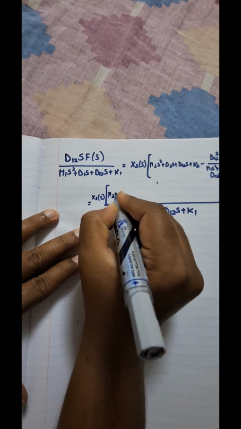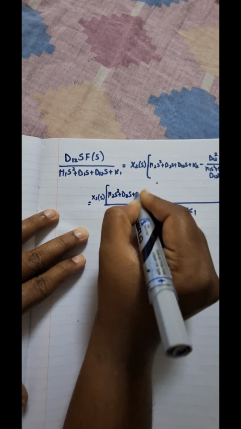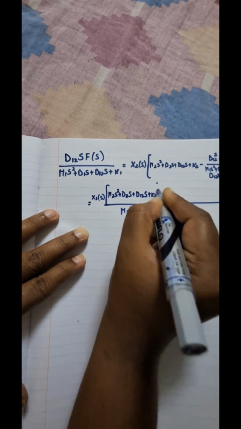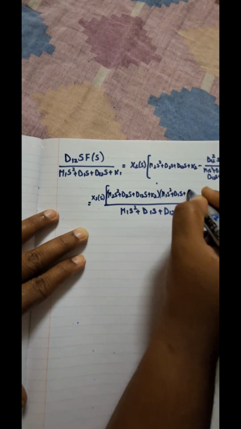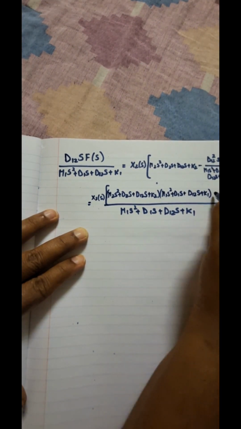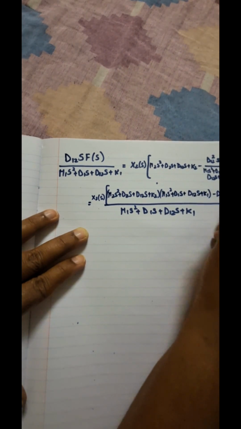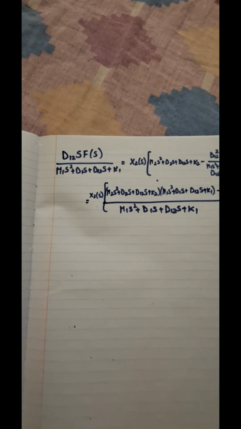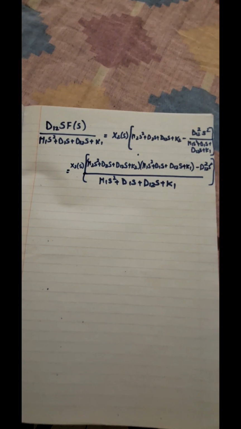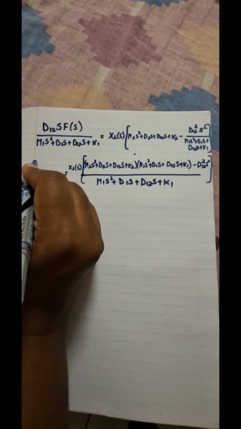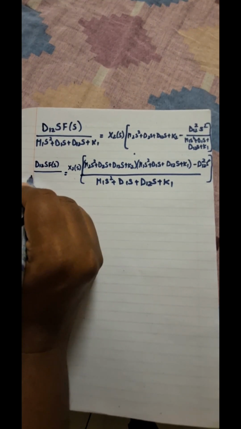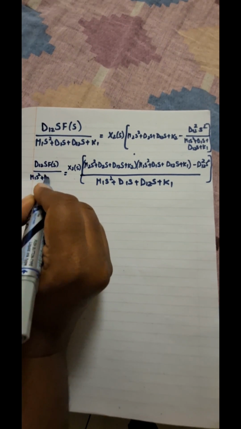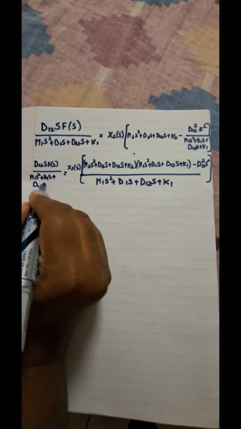So it will be m2s square plus d2s plus d12s plus k2 into m1s square plus d1s plus d12s plus k1 minus d12 square s square. Clear? And here on the right side we have, left side, d12s f of s by m1s square plus d1s plus d12s plus k1.